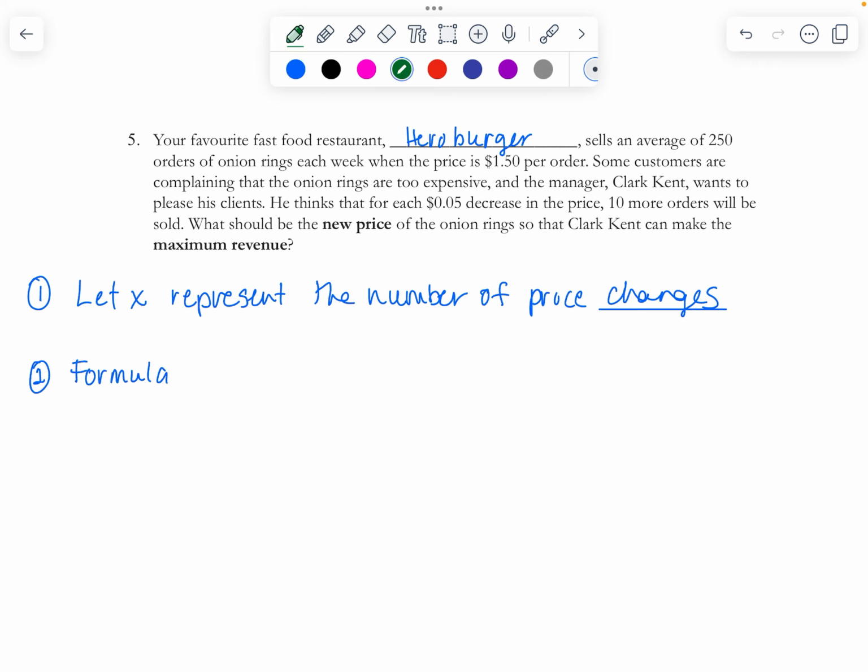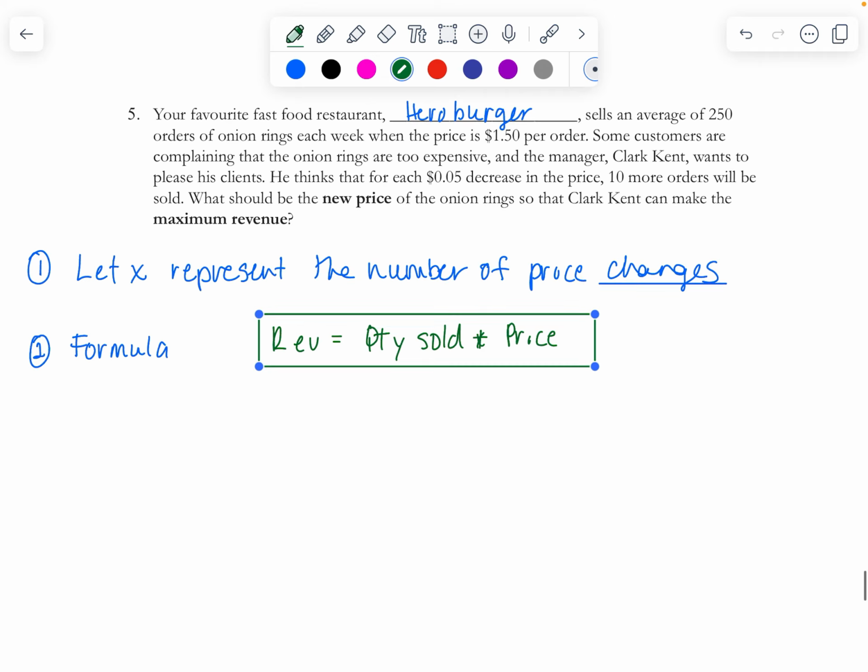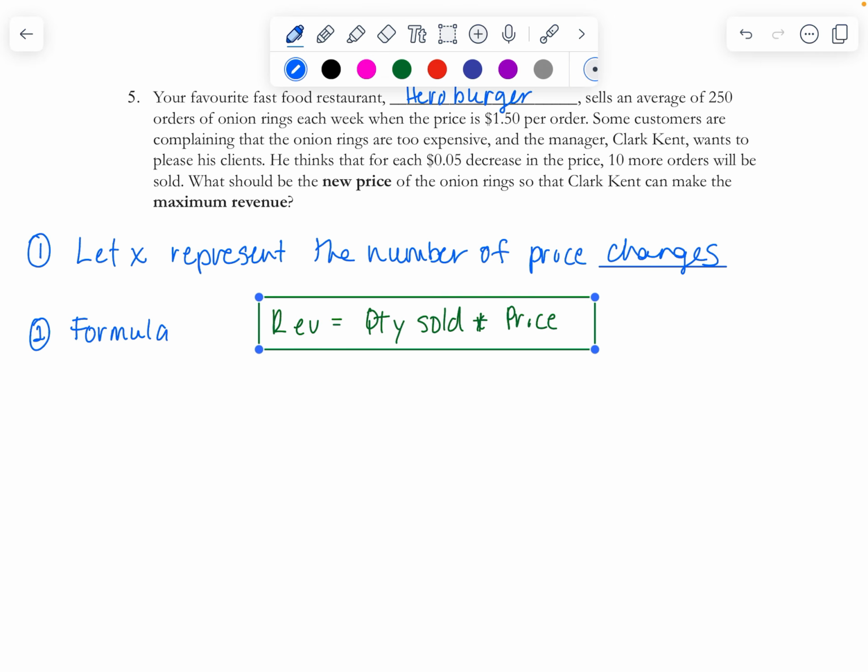And in this case, we know that revenue equals quantity sold times price. Okay, and if you want to pause the video and think about the equation before I write it down, that's great, or we can just write it down.